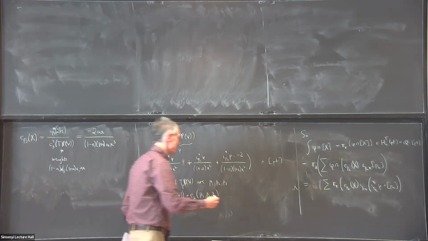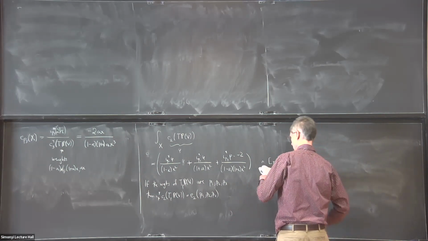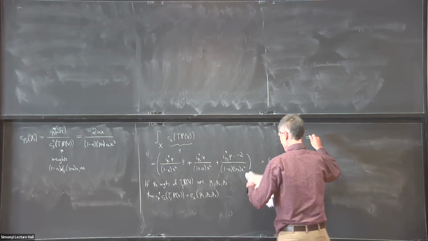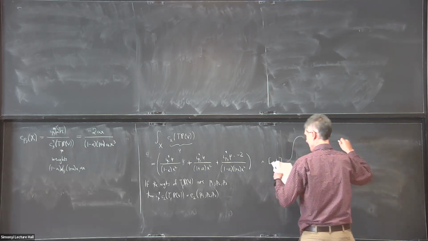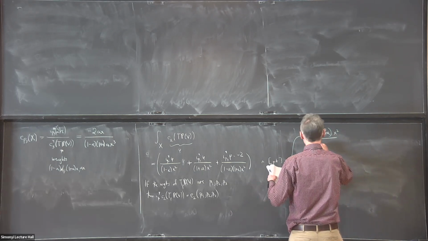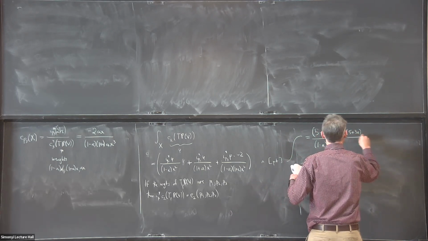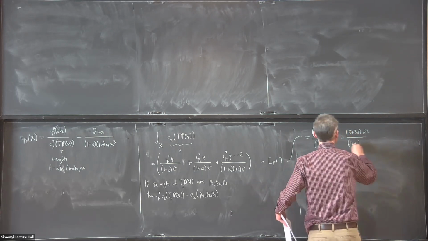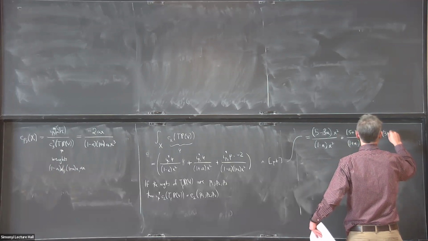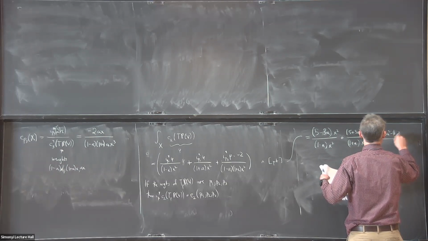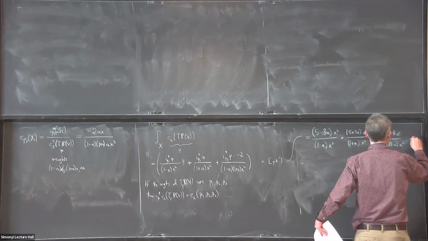If you compute them and plug them in, what you get is (5 minus 3a) x squared over (1 minus a)x squared, plus (5 plus 3a) x squared over (1 plus a)x squared, plus minus 2 times (3a squared minus 1) x squared over (1 plus a)(1 minus a)x squared. And this is all times the class of a point.